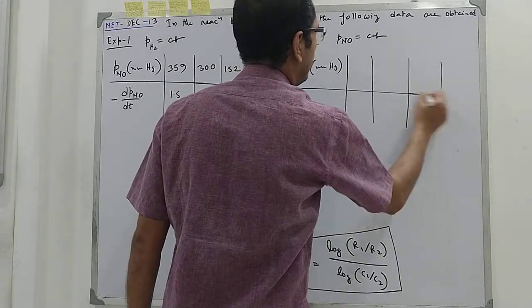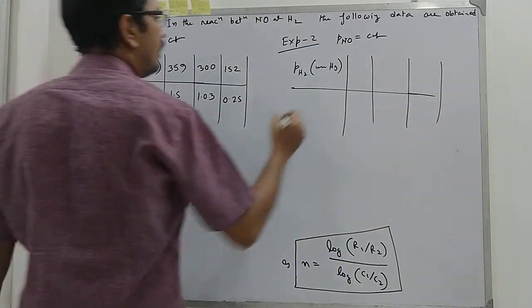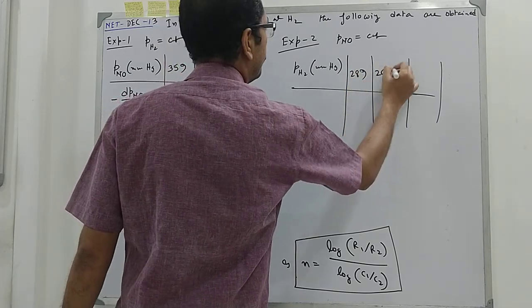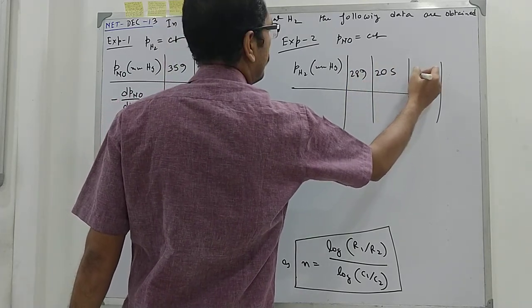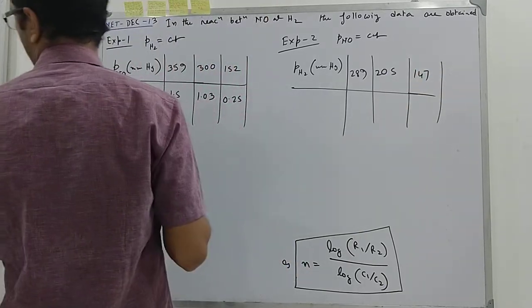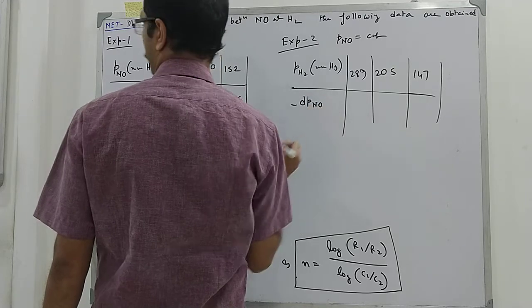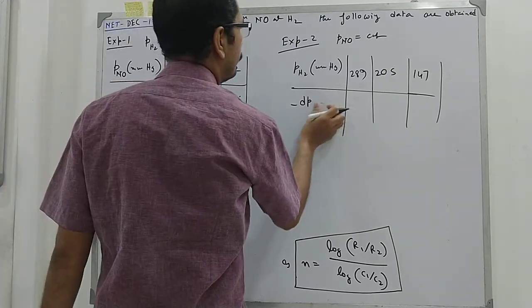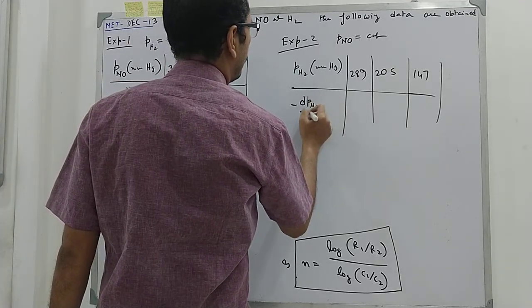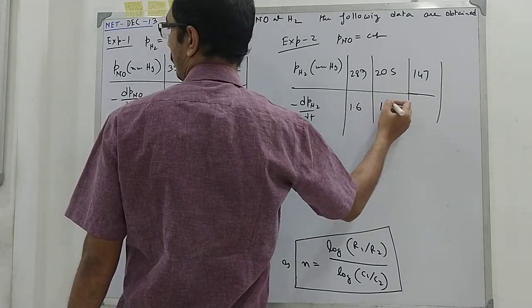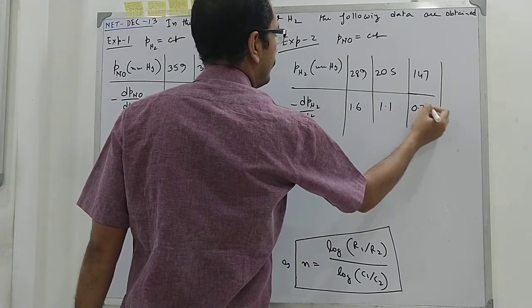The pressures studied are 289, 205 and 147. So the rates obtained, here it is -dpH2/dt, are 1.6, 1.1 and 0.79.